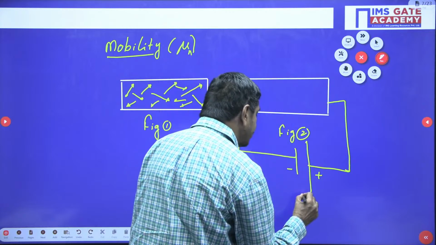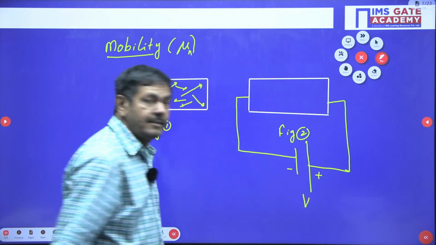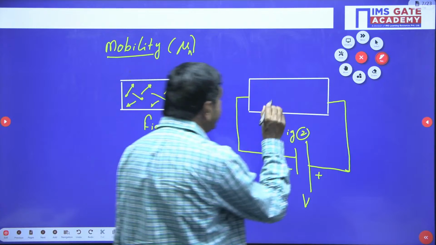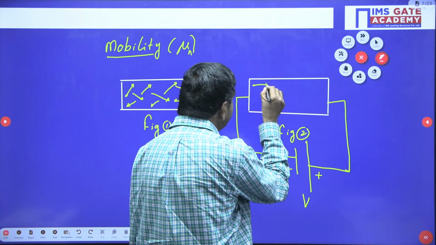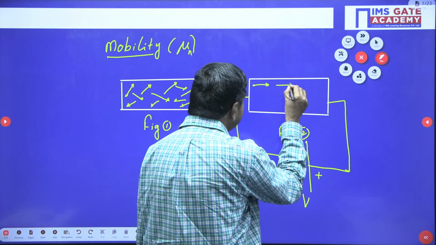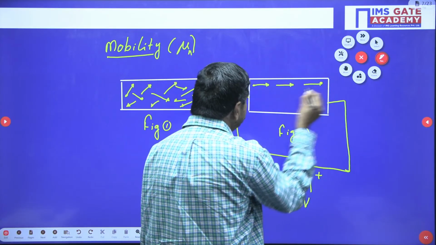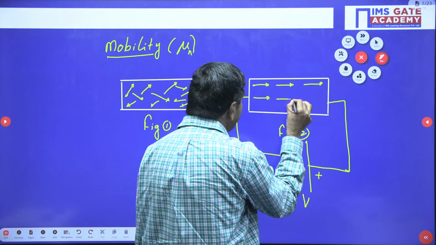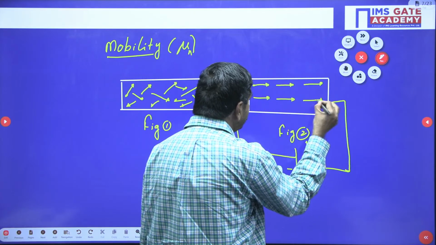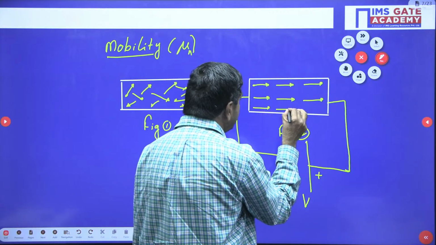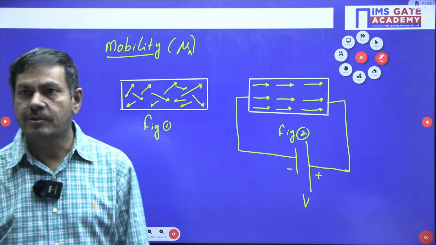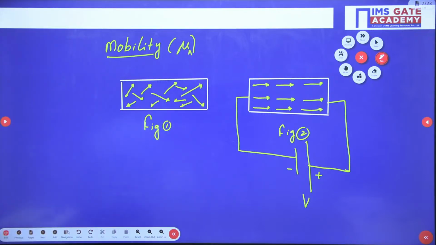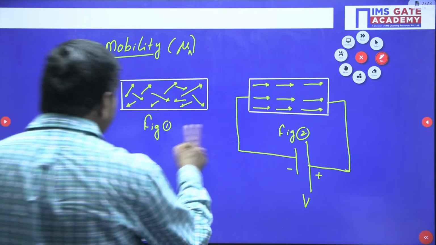The supply voltage is V. In this figure 2, all the electrons are going to move in a straight or uniform path. These are the two figures possible.